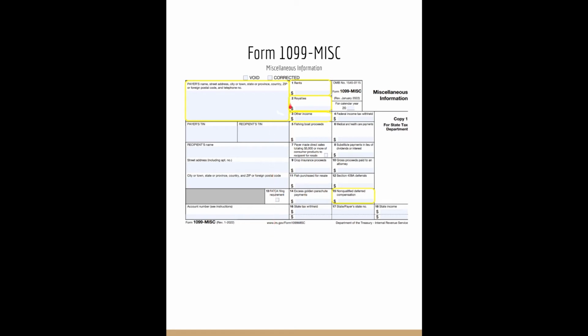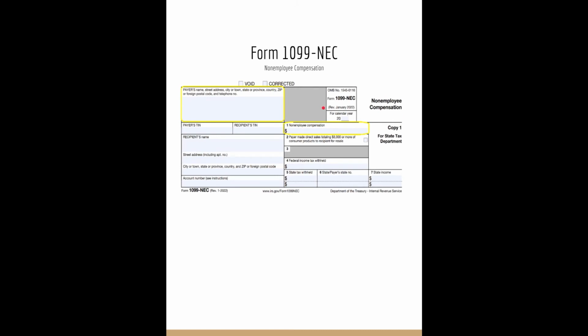Now, on the 1099 miscellaneous section of the organizer, we are looking for these two boxes: box 3, other income, and box 15, non-qualified deferred compensation. This is where you're going to pull that information from. The rents and royalties in boxes 1 and 2 would come later. Likewise, the 1099 NEC.